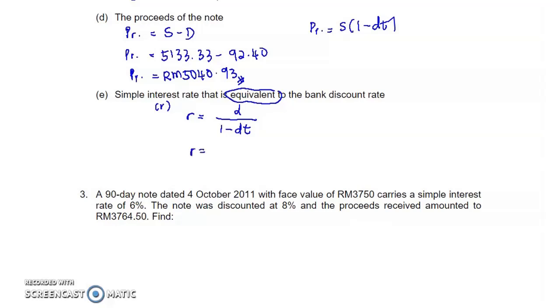So D just now is 9%, divided by 1 minus dt. Again dt, T referring to discount period. So just now the discount period is 72 days.